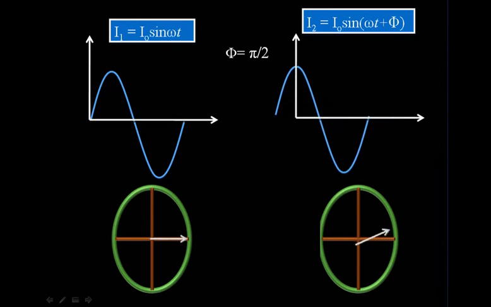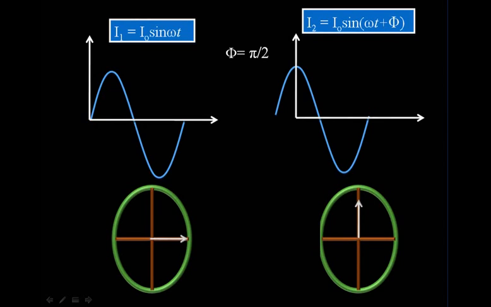That is, it starts here. Understood? So it starts at an angle 90 degrees greater than the first vector. Understood? So phi represents the angle by which the phasor of the second vector leads the first vector.